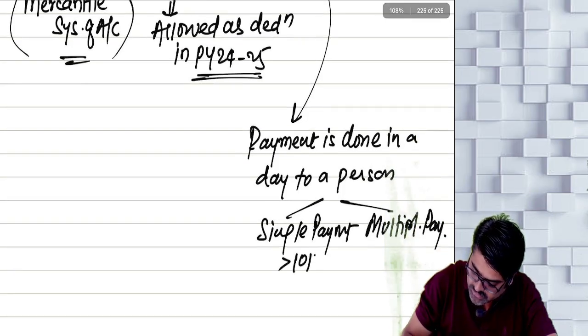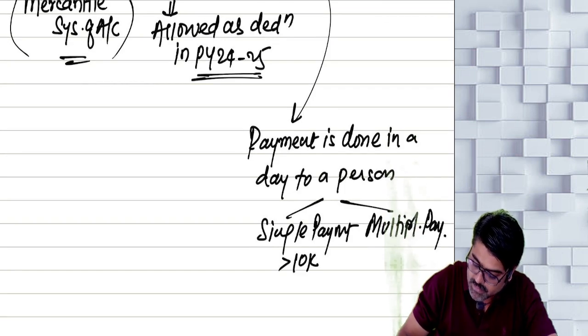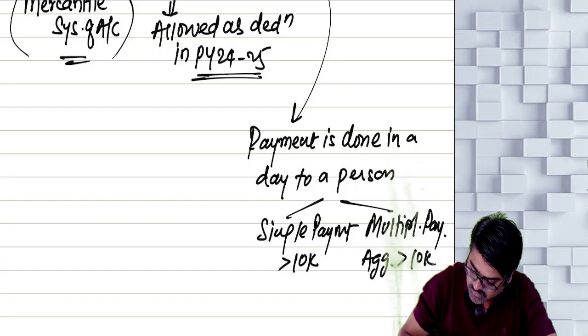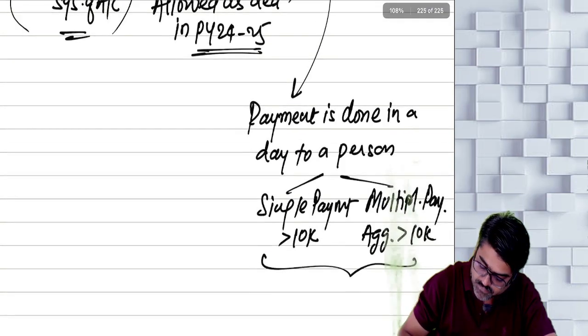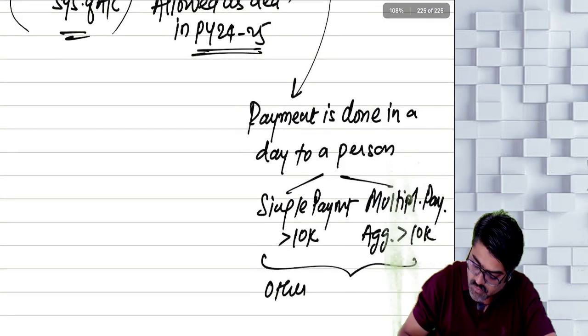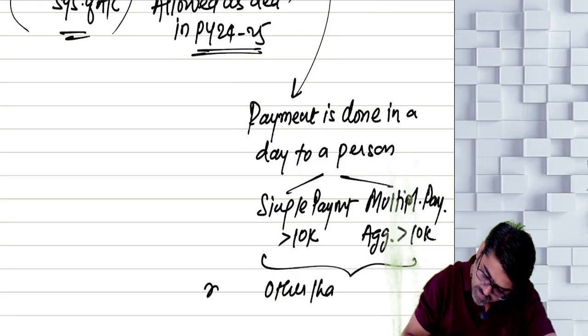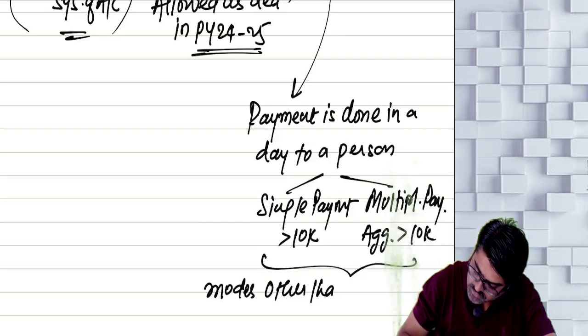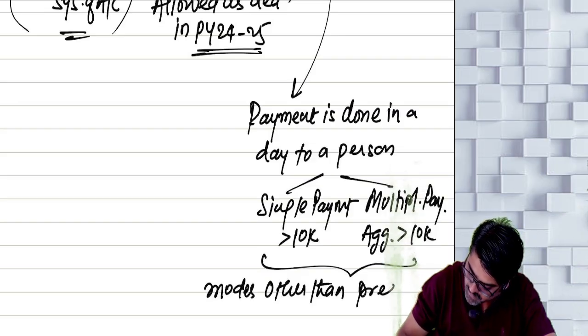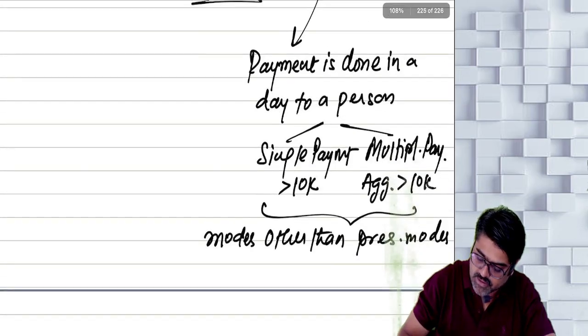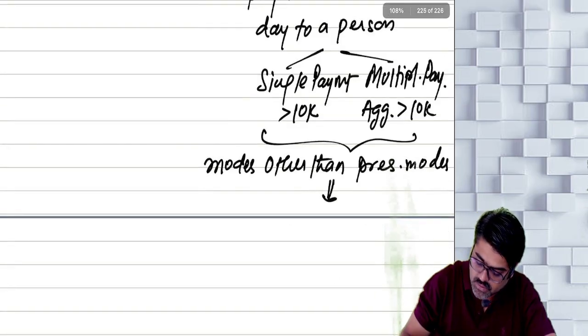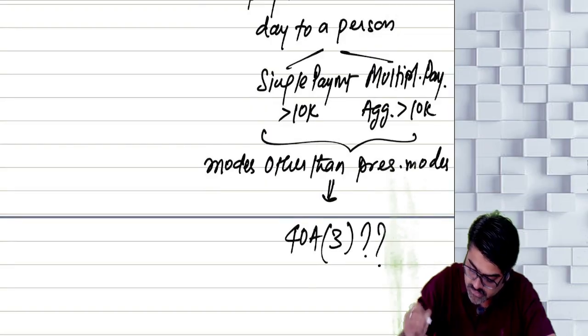Single payment is more than 10,000. Multiple payments done, the aggregate amount is more than 10,000. And if this payment is made by way of modes other than prescribed modes. Now my question is, if this payment is made by modes other than prescribed mode, can the payment be disallowed? Can the payment be disallowed under section 40A(3)?